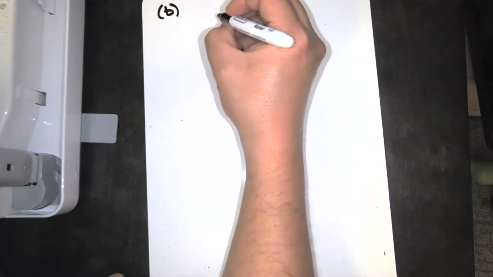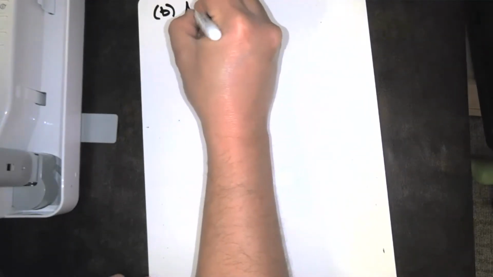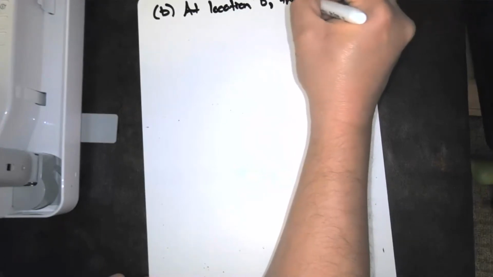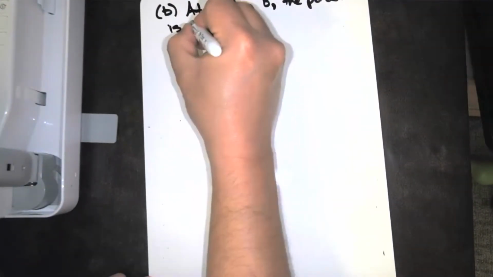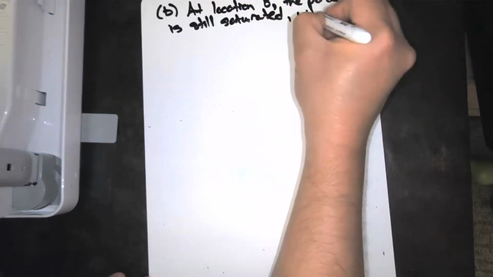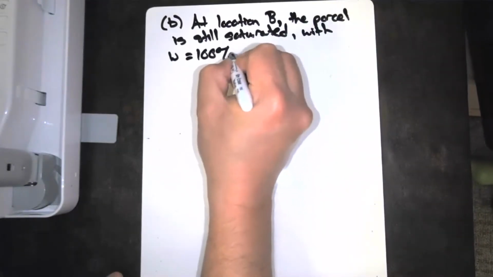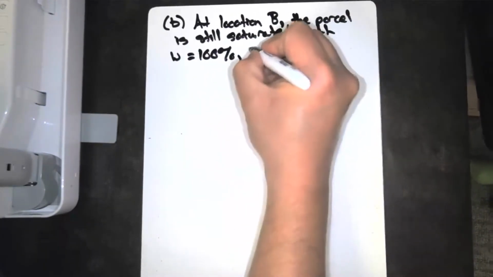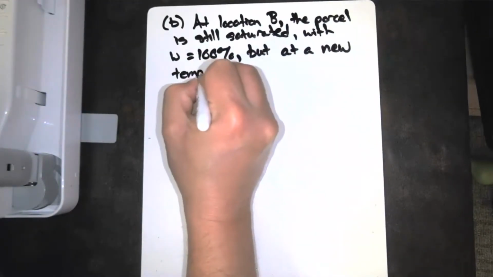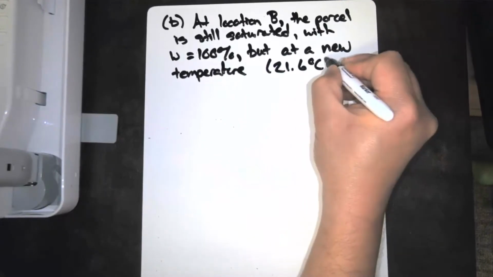Again, the key insight is that as we get to the top of the mountain, at location B, the parcel is still saturated with a relative humidity equal to 100%, but at a new temperature, which is 21.6 degrees Celsius.